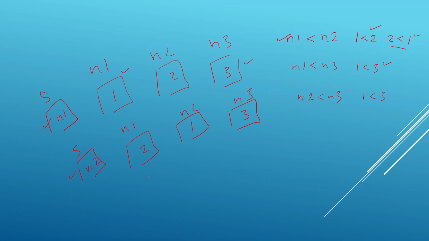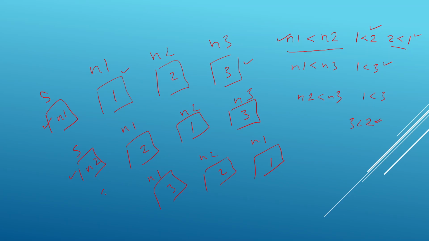If I further give different numbers, like n1 as 3, n2 as 2, and n3 as 1, comparing the first number with the second number, n1 less than n2, that is 3 is less than 2, which is false. So the second number is the smallest one.